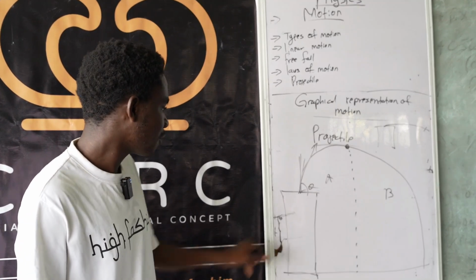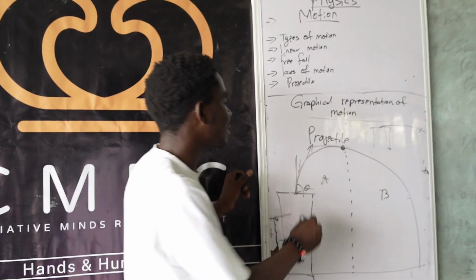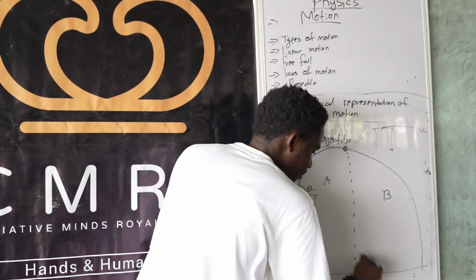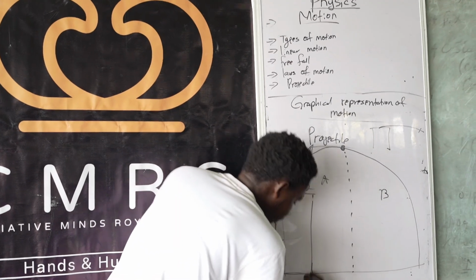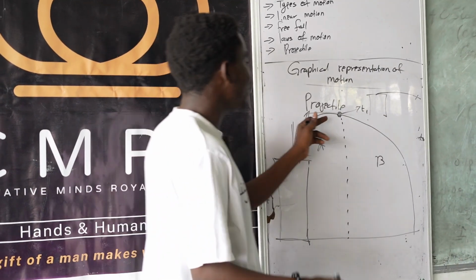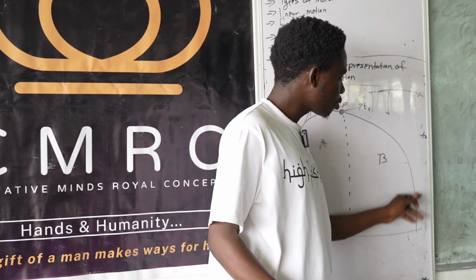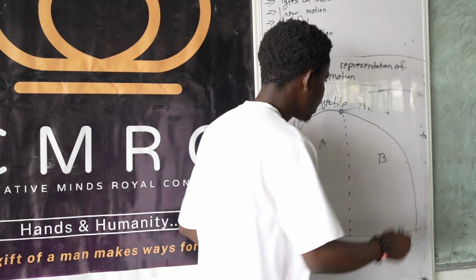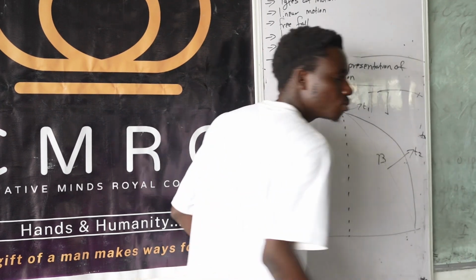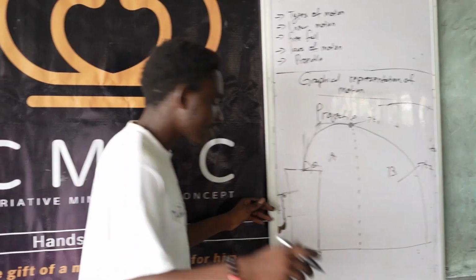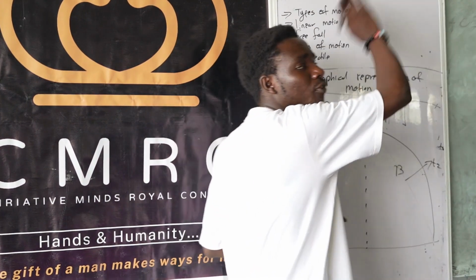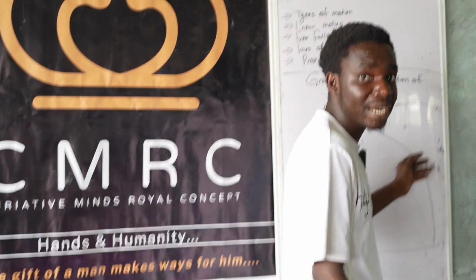From here, I calculate the time it takes to get to this maximum height, which is our first T, that is T1. Then I calculate the time it takes to move from this point to this point, which I call T2. Now I will have a capital T, which is the time of flight, the time taken for it to move from the point of projection to the point at which it strikes the ground.